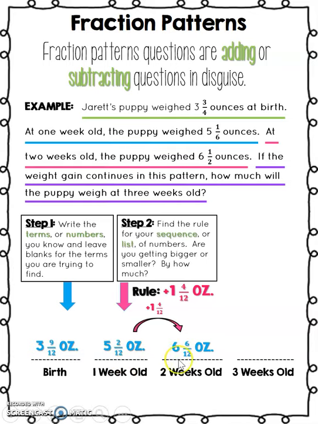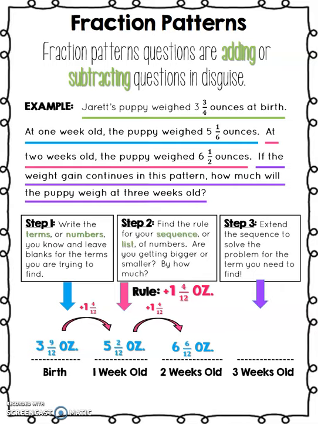So between 1 week old and 2 weeks old, the puppy gained 1 and 4/12 ounces. I would double check that that's my rule by checking the weight between when he was born and when the puppy was 1 week old. That gap is also 1 and 4/12 ounces. So finally, I need to extend that sequence and apply that rule to find the missing number.